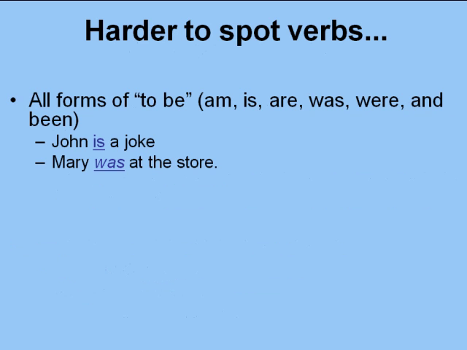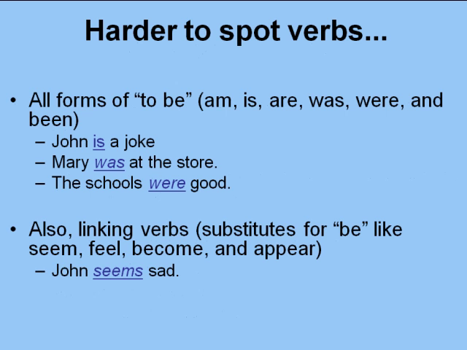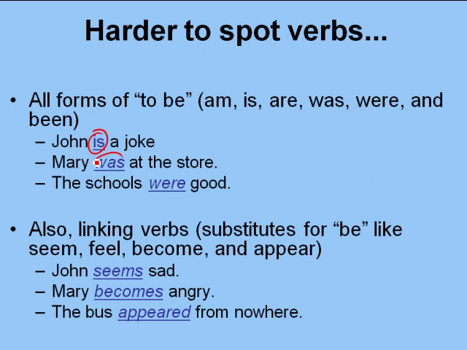It's important to keep in mind that the words is, was, were, all of these forms of is, am, are, was, were, are always verbs, and they don't seem like verbs in the same way that run or skip or jump seem like verbs. The reason they're still verbs is that in a sentence like John is a joke, the point of this sentence, the action of this sentence, is to equate John equals a joke.